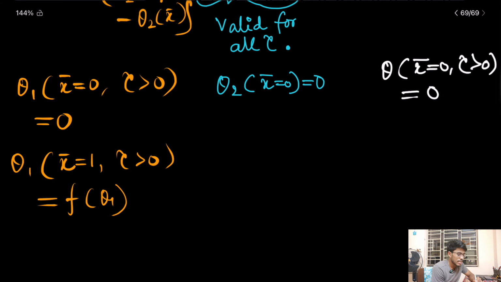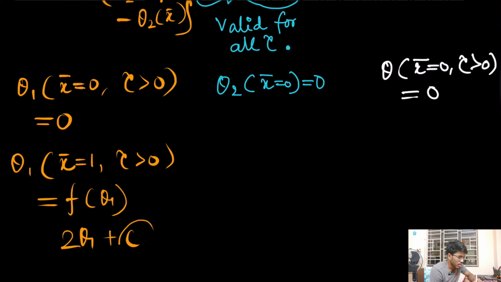So for the sake of generality, let us first write that f of theta 1. Now we don't know what this function of theta 1 is. Obviously this function cannot include any additive constant, like it cannot be theta 1 plus c, or 2 theta 1 plus c.